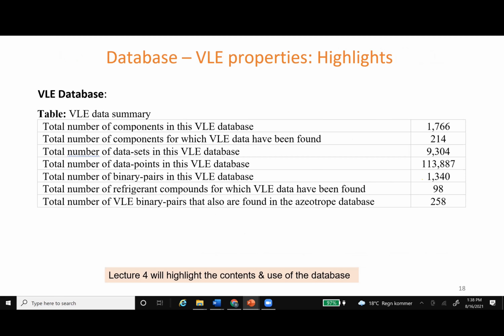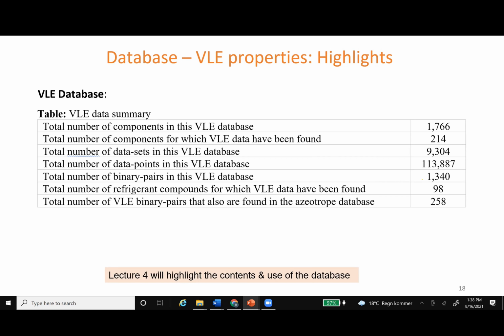Also, if we are interested in mixture refrigerants, or refrigerants that are mixtures, we have found among the 1,766 compounds, data sets of 214 binary pairs.